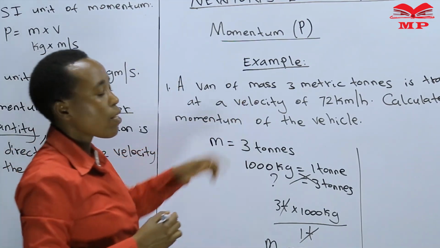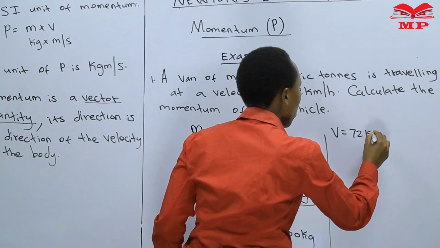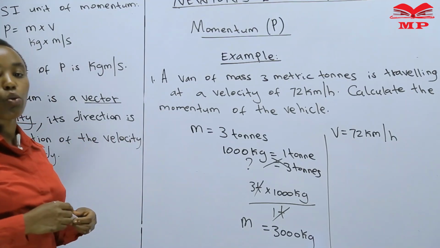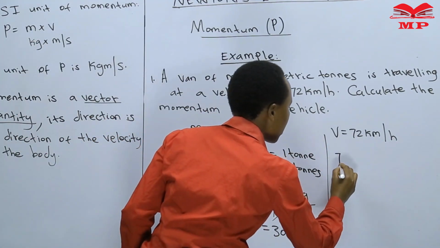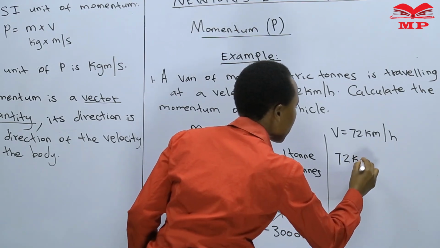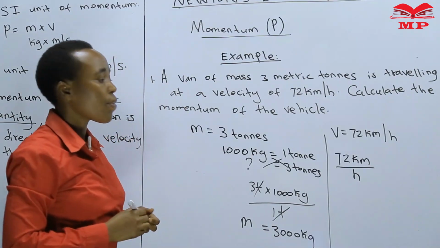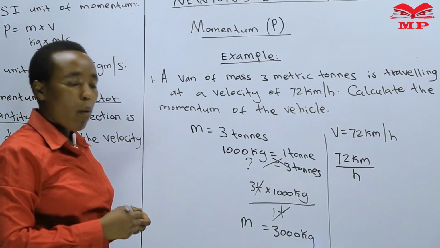Then we have also been given the velocity, which is 72 kilometers per hour. We need to change this to meters per second. 72 kilometers per hour means we divide by 1 hour.